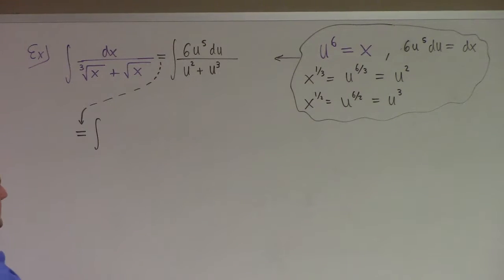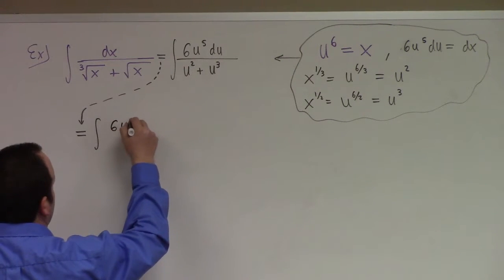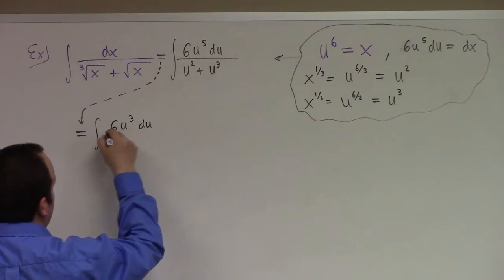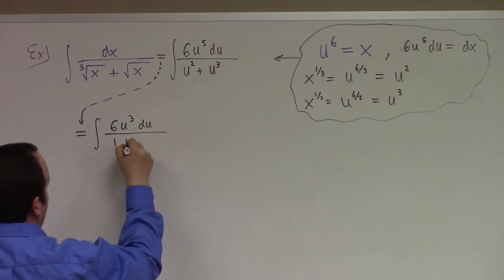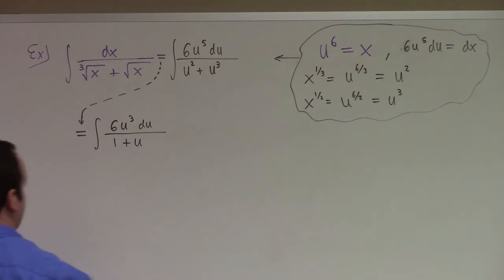You can divide the top and the bottom by what? u squared sounds like a good idea. So upstairs we're going to have 6u cubed du divided by 1 plus u.